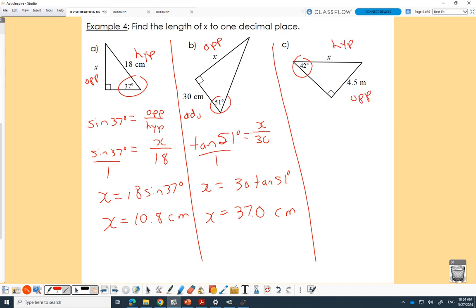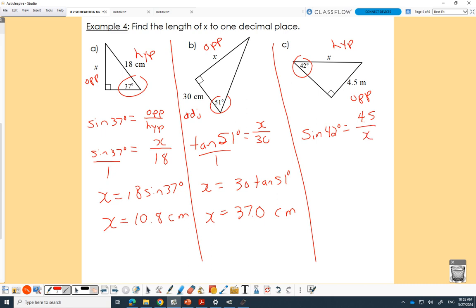And again, if you label adjacent, that's not wrong. I'm just saying that doesn't really change what has to happen here. If opposite and hypotenuse are involved, what's opposite hypotenuse? Sine. Thank you for not sinning anymore. Sine 42 equals opposite over hypotenuse.